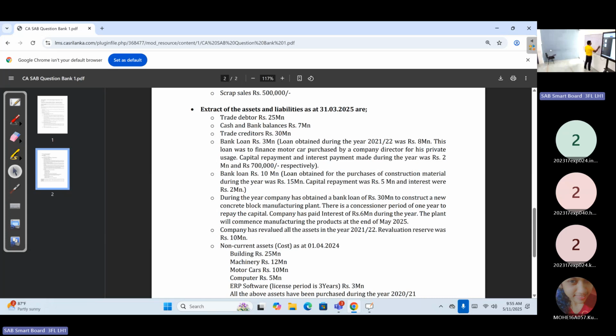Now we have the allowable interest cost. Other than the company, this interest cost we can deduct.